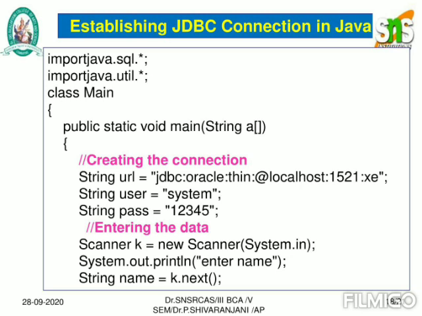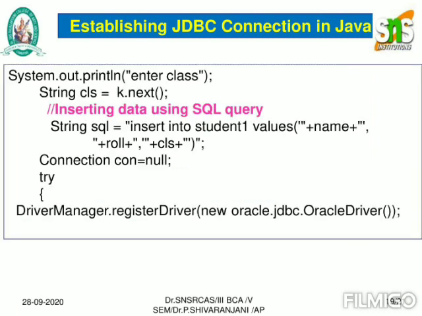That is, you're entering the username and the password, and that will be stored. That can be done with the help of an object called the Scanner k. This will help you get the particular username, and it will be stored in a variable called name. The second thing is you are going to enter the class. That will be stored in a variable called cls equal to k.next.